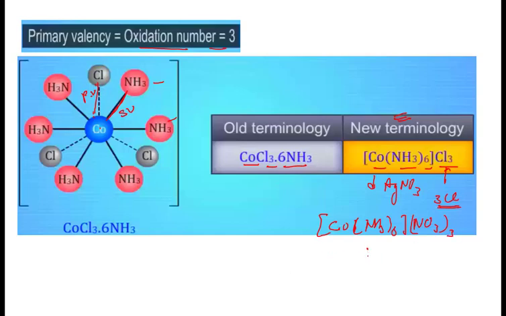That means plus 3 moles of AgCl are produced, which will give the maximum yield of precipitates. Okay. So this is how we represent the coordination compounds now after Werner's coordination theory, and this shows that the coloration of this will be reddish brown.